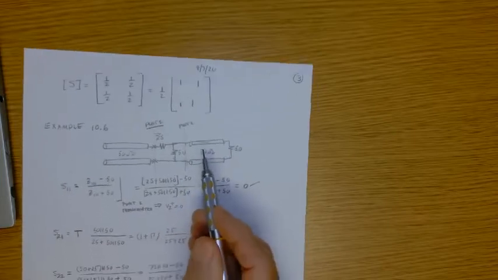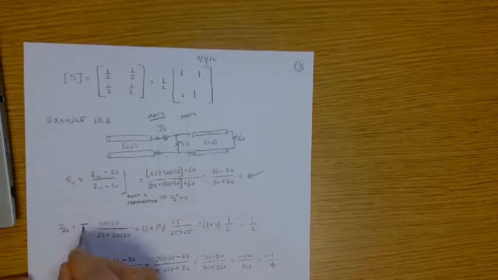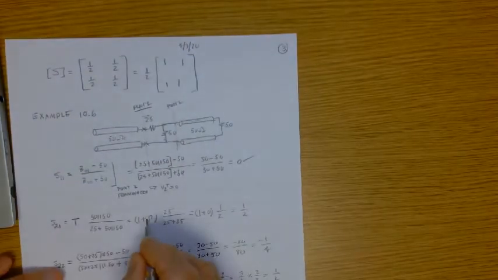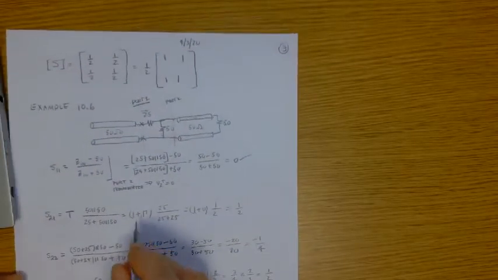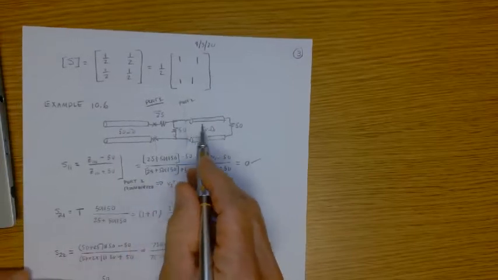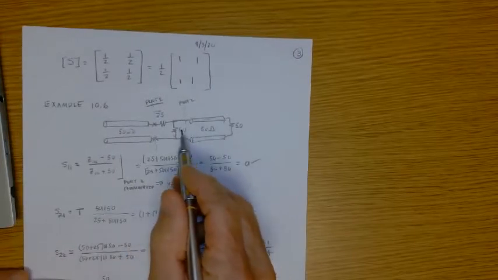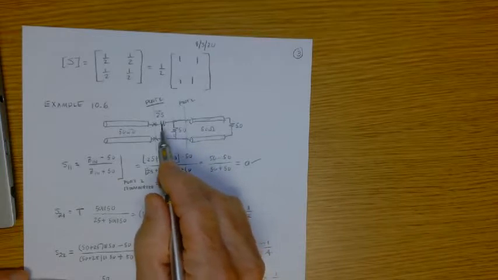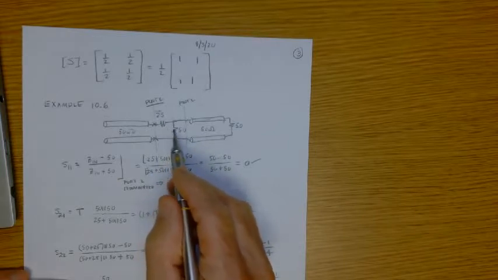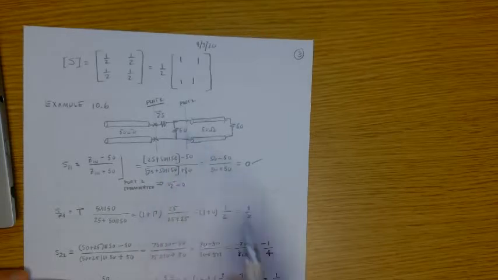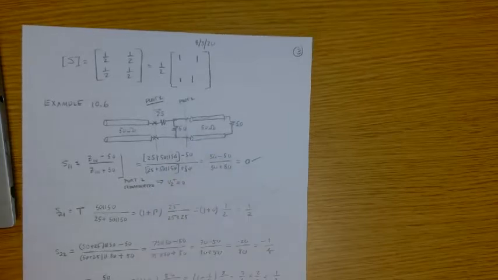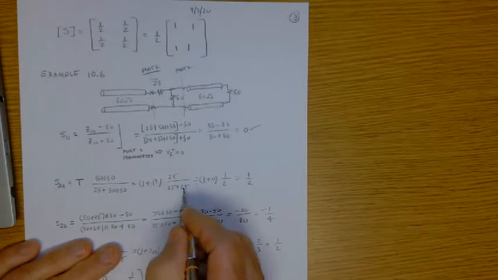So it's going to be T, which is 1 plus gamma. Well, 1 plus 0 is 1, times 50 in parallel with 50 over 25 plus 50 in parallel with 50. Okay, so that's going to be 25 over 25 plus 25, which is 1/2.